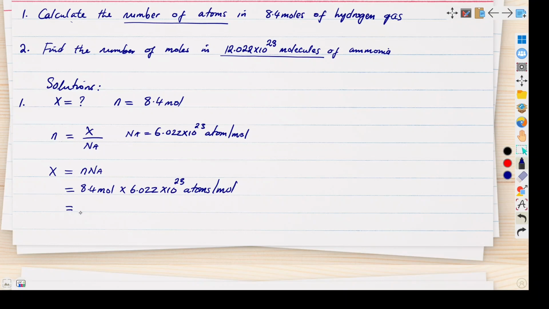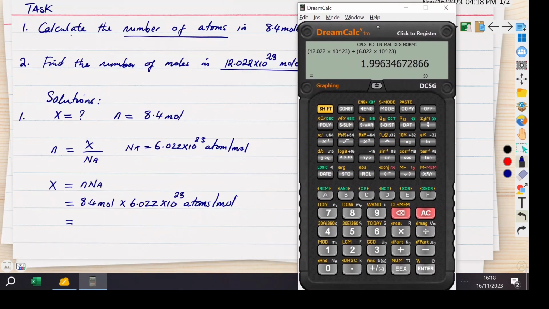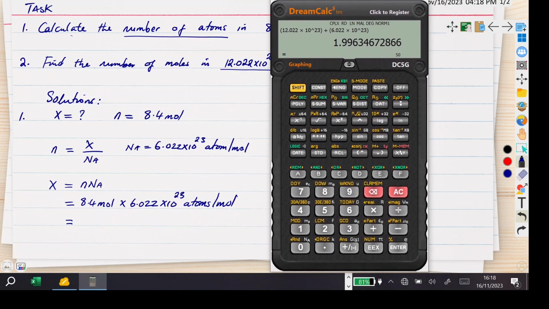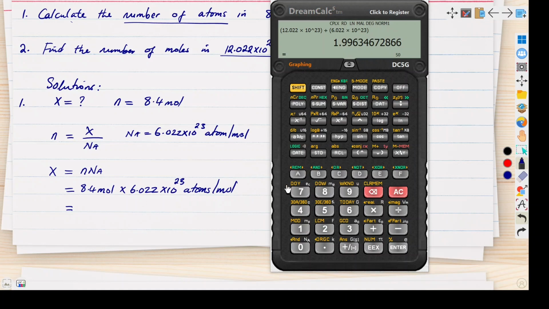So let me just get my calculator so that I do the multiplication here. Okay, so this is the calculator which we are going to use. It's best you put these in brackets as you punch on your calculator.